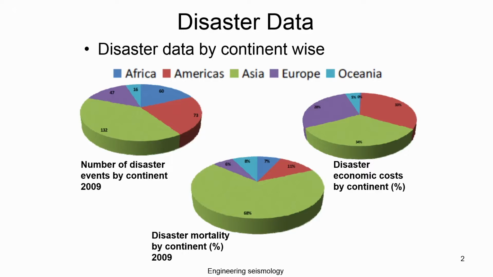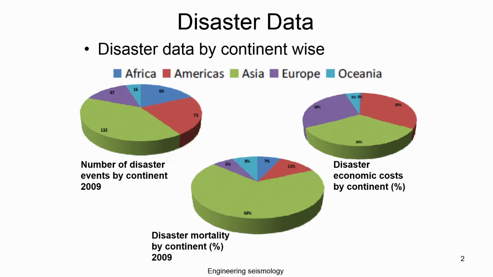There are about five major continents, which we can group as Africa, America, Asia, Europe and Oceania. Among these, we saw that Asia experiences a very large number of disastrous events. This includes all hazards, including earthquake hazard.